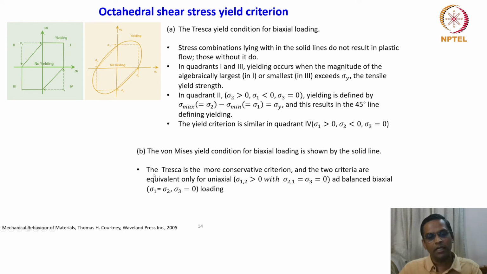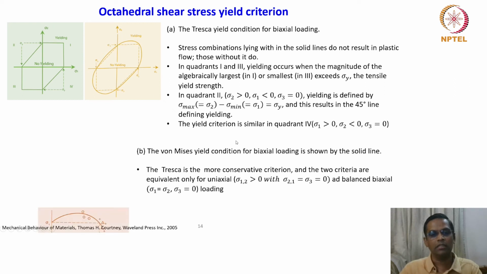What you can see is that Tresca is the more conservative criterion, and the two criteria are equivalent only for uniaxial loading, that is sigma 1 or sigma 2 greater than 0 with the others equal to sigma 3, which is 0, and balanced biaxial loading, sigma 1 equal to sigma 2 and sigma 3 equal to 0. So only for uniaxial and balanced biaxial loading are these two criteria equivalent.